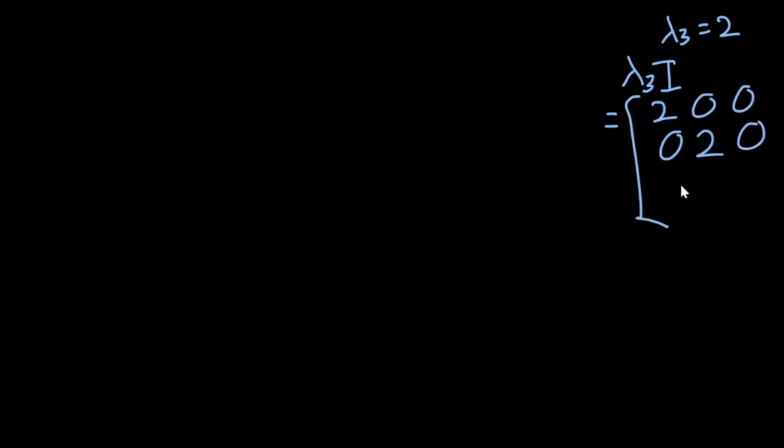Now when lambda 3 is equals to 2, lambda 3 multiplied by I would be 2, 0, 0, 0, 2, 0, and 0, 0, 2.